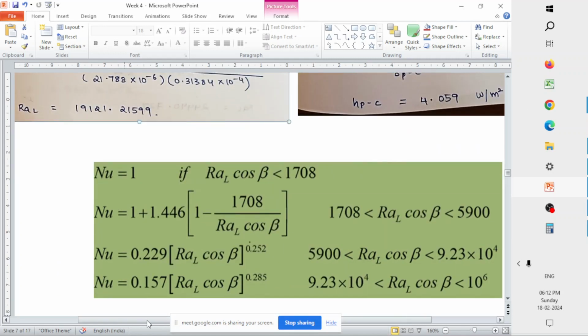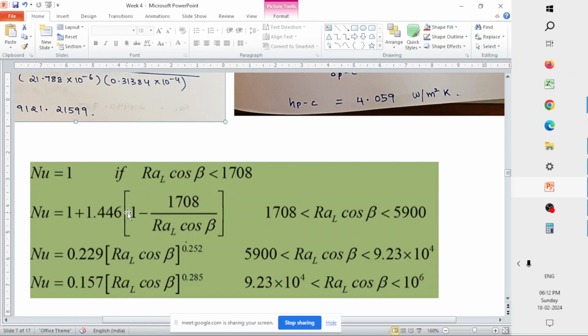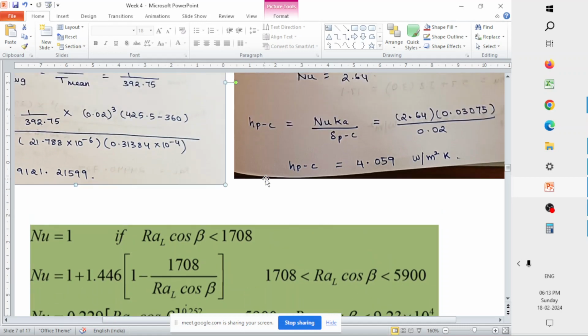Even in the video lectures, the example problem that was solved uses these particular equations, Ra L cos beta. So after calculating the value of Rayleigh number, you have to multiply that with your cos beta, and then you have to check the range. Once you know the range, you have to calculate your Nusselt number.